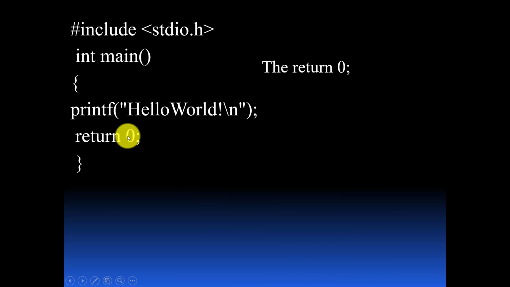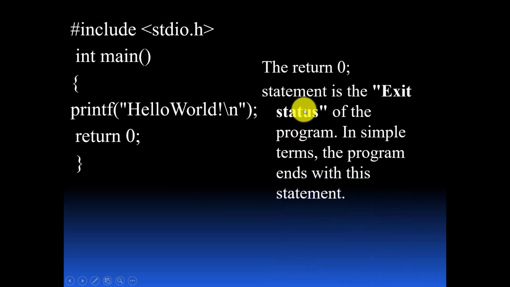The next line is return 0. Now the return 0 statement is like an exit status of the program. It is an optional part, but it acts like an exit statement, which terminates the program.